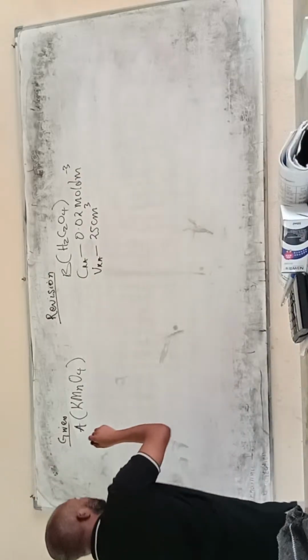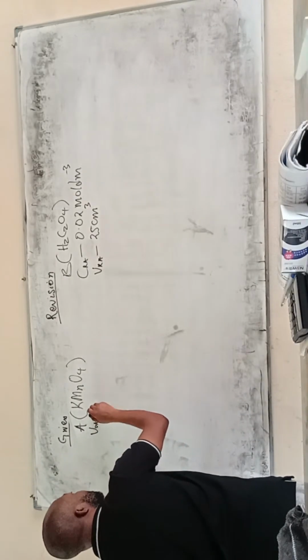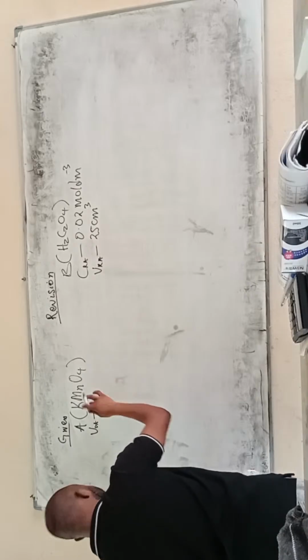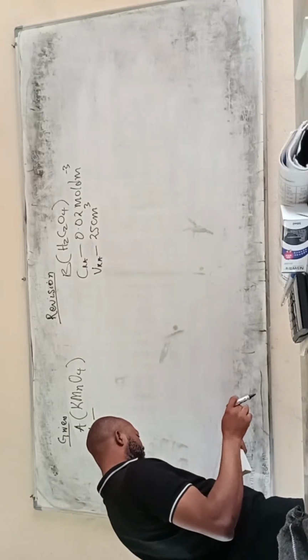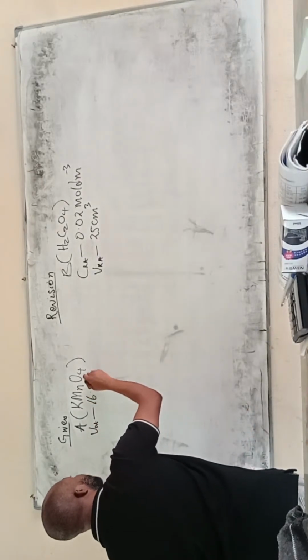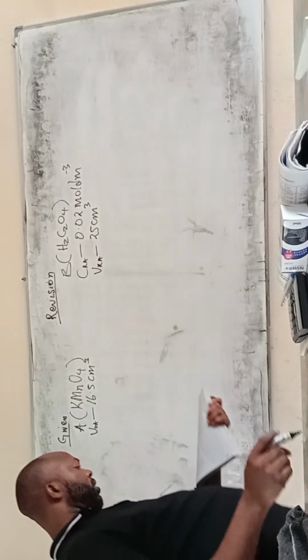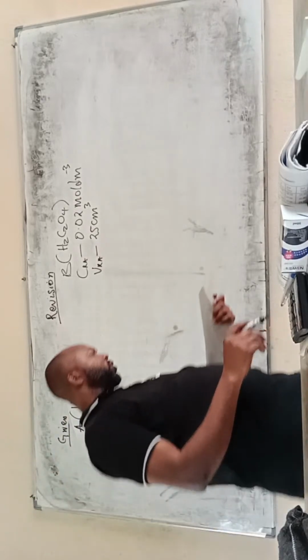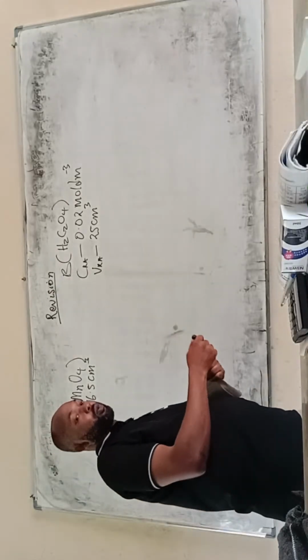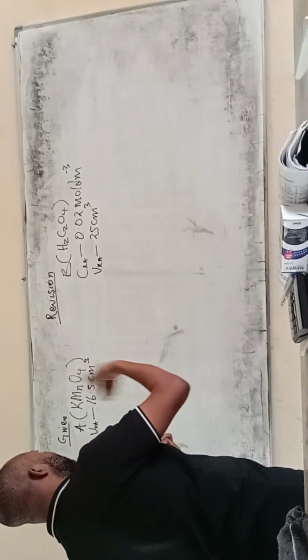So the volume of the oxidizing agent is 16.5 cm cube. With the equation of reaction, I think that is all. So we are going to take the equation of reaction. I'll give you the equation of reaction, then I'll take it out.